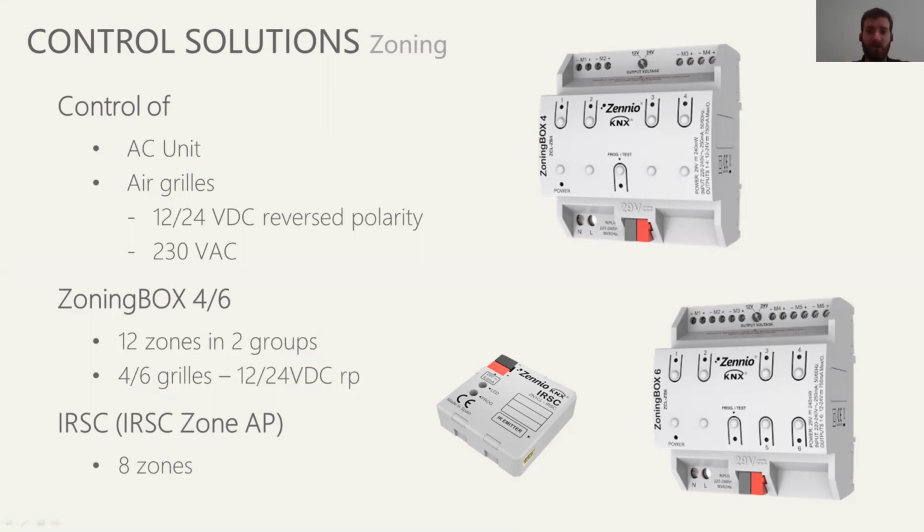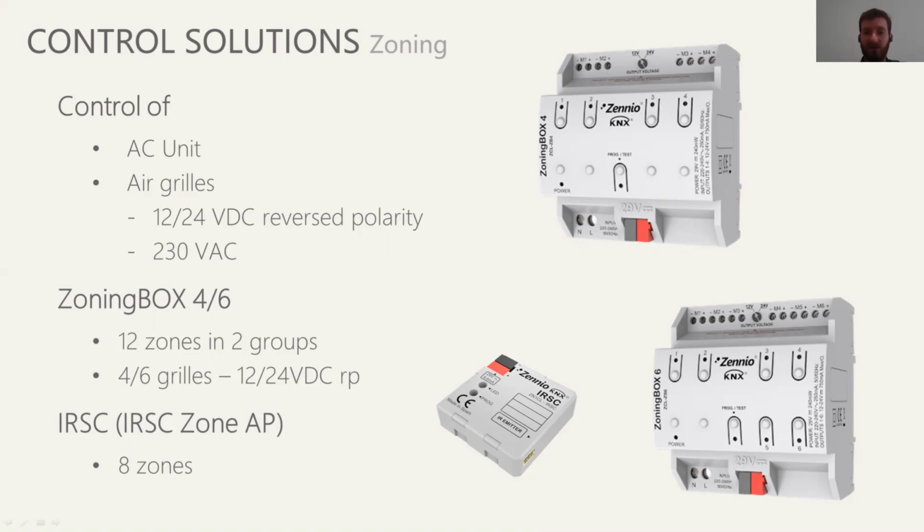What the Zoning Box is doing is having that logic that communicates all zones together. Both the 4 and 6 can control up to 12 different zones in up to 2 groups, so 12 zones in total in up to 2 groups.